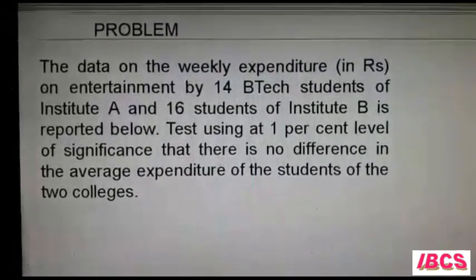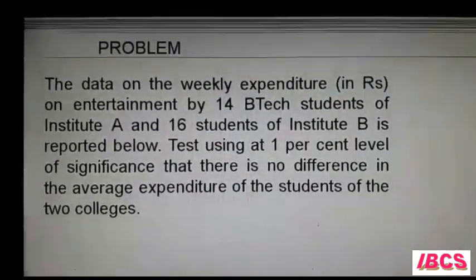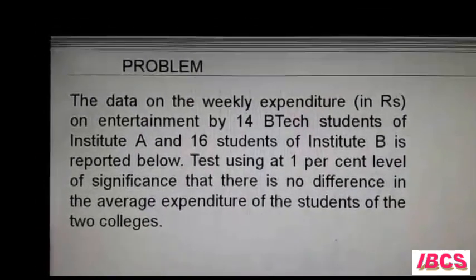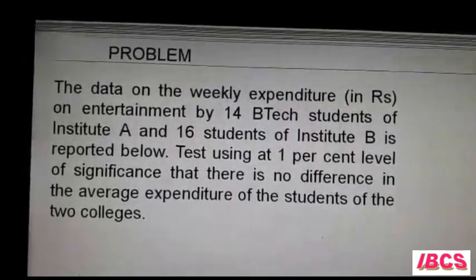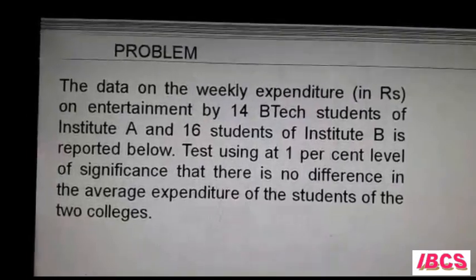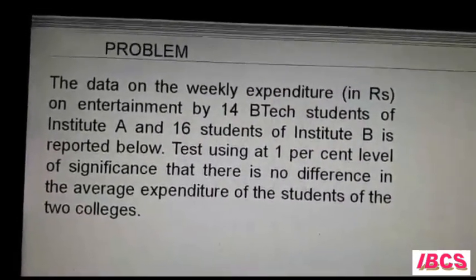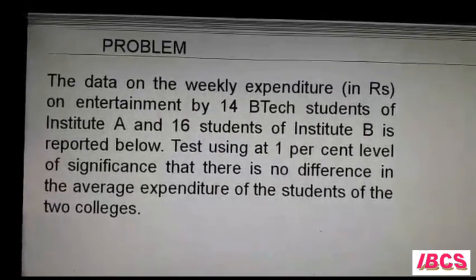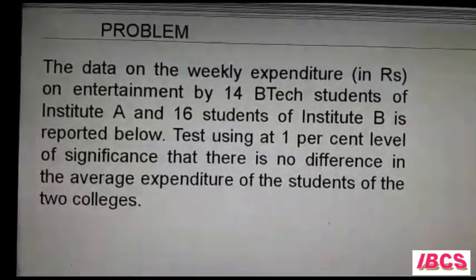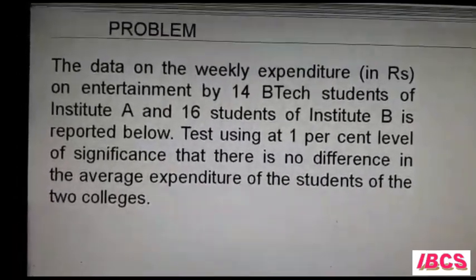Now let's look into one problem. The data on the weekly expenditure on entertainment by 14 B.Tech students of Institute A and 16 students of Institute B is reported below. Test at the 1% level of significance that there is no difference in the average expenditure of the students of the two colleges.